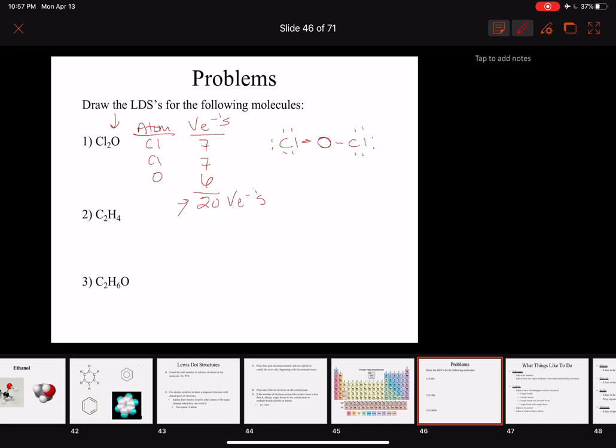Okay, so each of our chlorines has 8 valence electrons around it. So 2, 4, 6, and then 8. So you can see that right here. So both of our chlorines are happy. So we're not going to want to give chlorines any more lone pair electrons, and we're not going to want to double bond it or triple bond it.